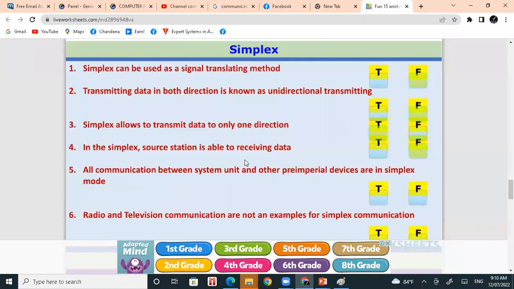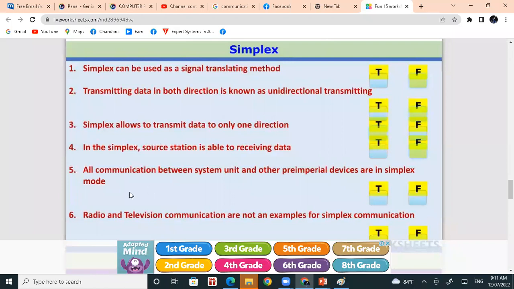That means the source station is not able to collect data. The statement is false.